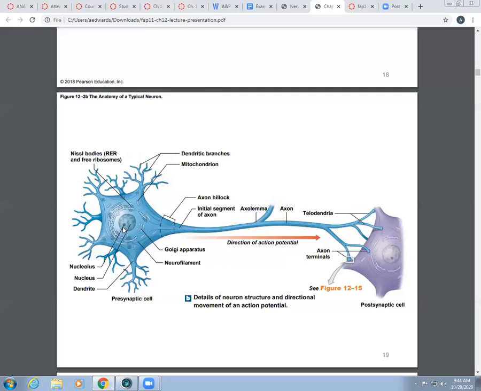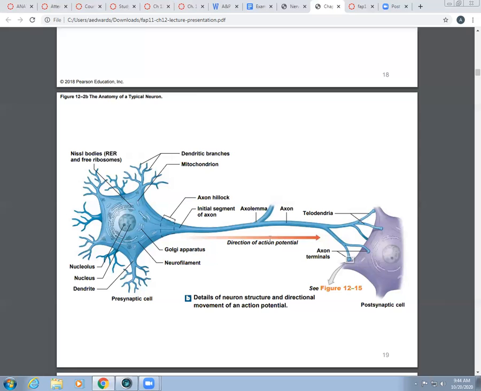Here's your nucleus, your nucleolus, your Nissl bodies, like your rough ER and ribosomes. Here's some neurofilaments. There's a Golgi apparatus. These are all your dendritic spines or branches. And overall, this is the direction that the signal is traveling or propagating.